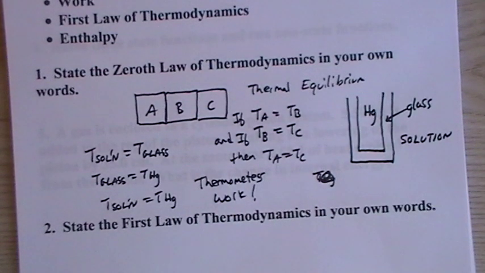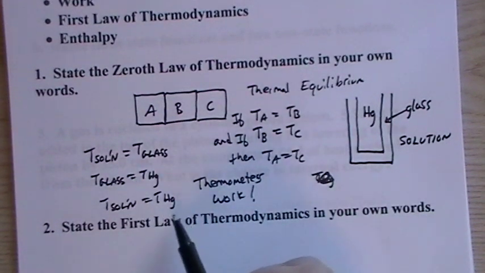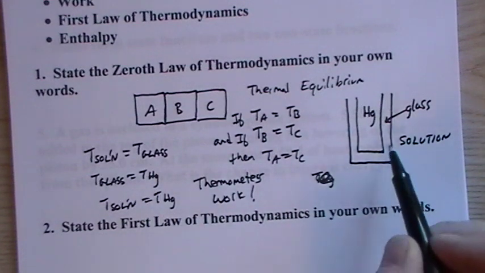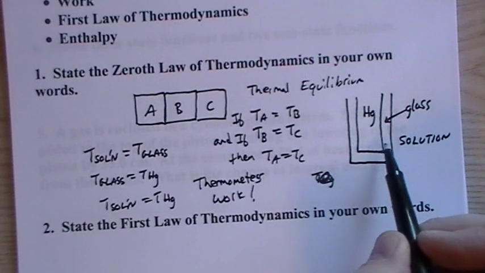If that weren't true, then we couldn't use thermometers. We couldn't measure heat or any kind of temperature, so we couldn't do any kind of work at all in thermodynamics. We couldn't trust anything. You might say this looks obvious, but when we're looking at a thermometer and saying that we're measuring the temperature of a solution, we're not.